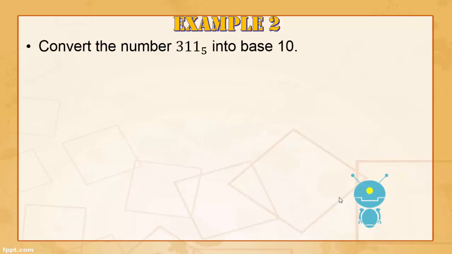It's usually best to do it by the table, but the blocks give a visual representation, and some students like to see the visual representation first and then work it out on the table. So I am going to do it this way. Let's go over to the blocks and look at the blocks first, and then I will work it out on the table.